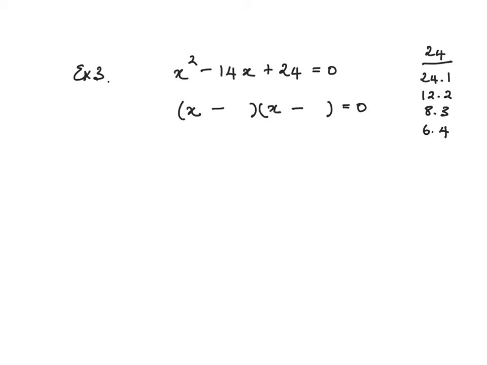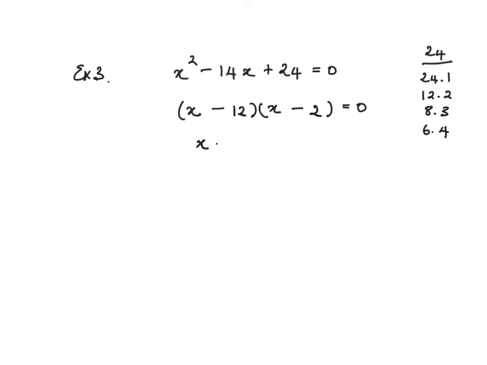Which pair of factors will add or subtract to give us a 14? There's no way we can get a 14 from these two numbers. 12 and 2, yes, 12 and 2 will give us a 14, and it's that pair that we're going to use.